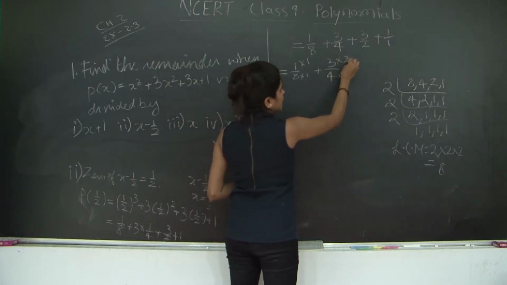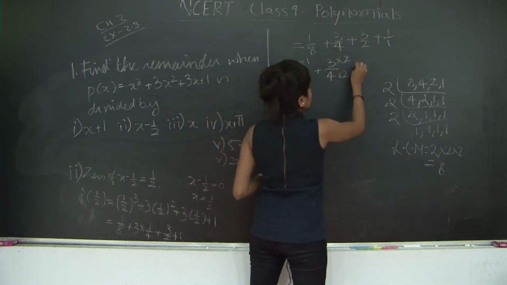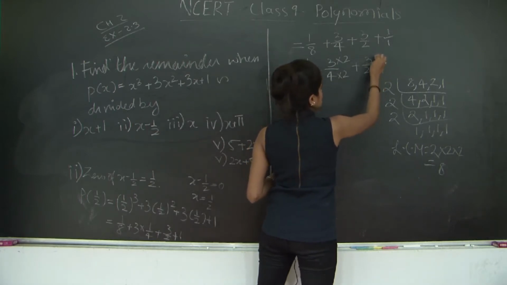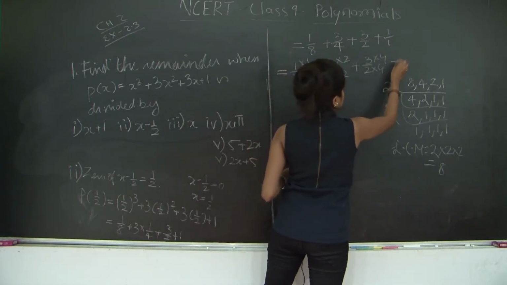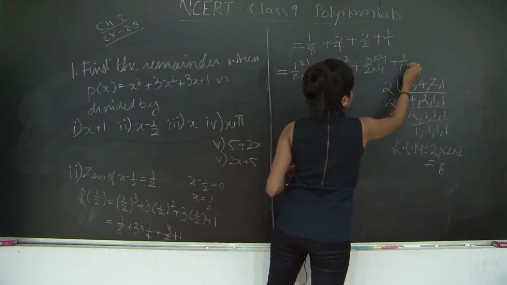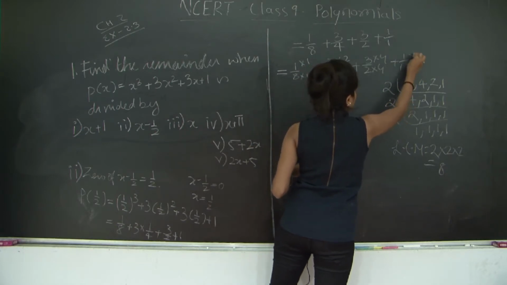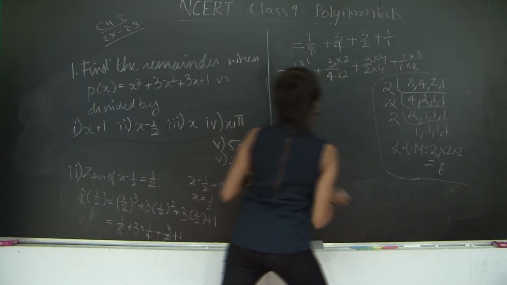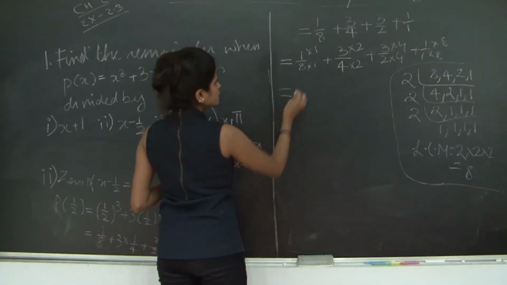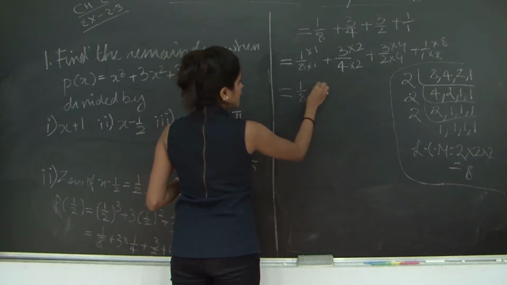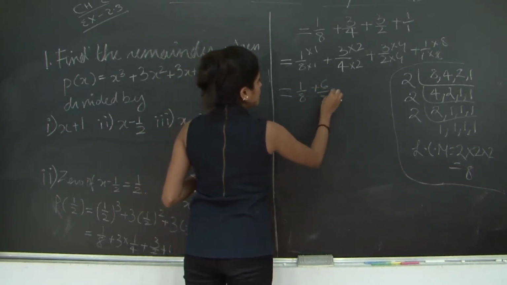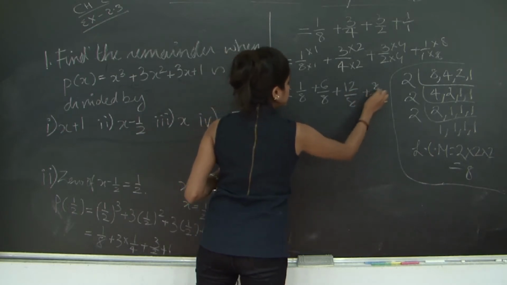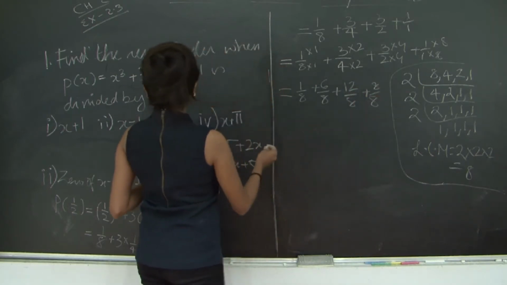So I am going to multiply 3 with 2 as well, plus 3 upon 2 into 4 is 8, right? So 3 into 4 plus 1 upon 1 into 8. So this becomes equal to 1 upon 8 plus 6 upon 8 plus 12 upon 8 plus 8 upon 8, right?